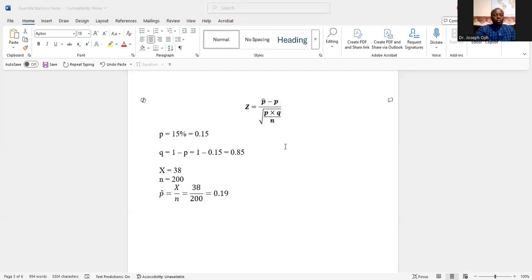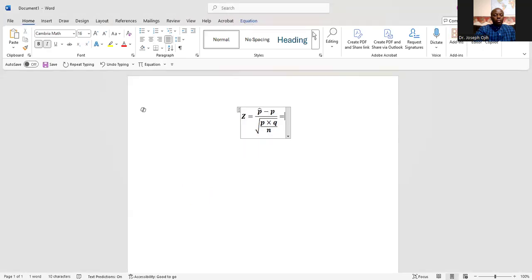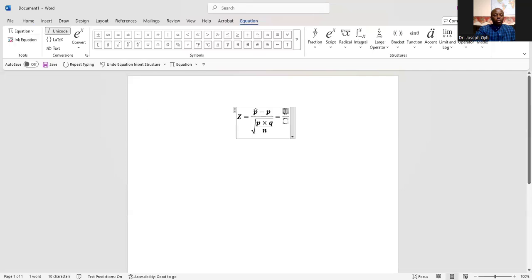Okay? Equals, our P hat is 0.19 minus P, which is 0.15, divided by the square root of P times Q, divided by N. Oh, not that.